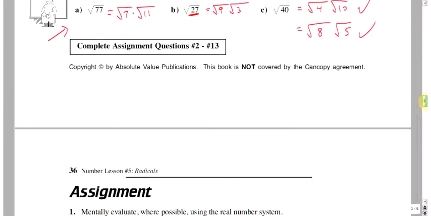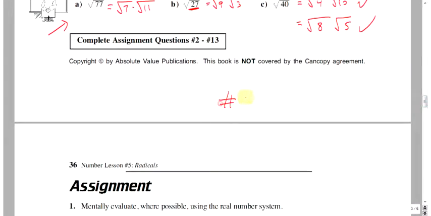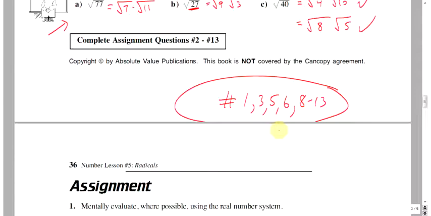All right, that's it. Do questions 1, 3, 5, 6, and 8 to 13. And 43 minutes to get her done. This was lesson number 5.